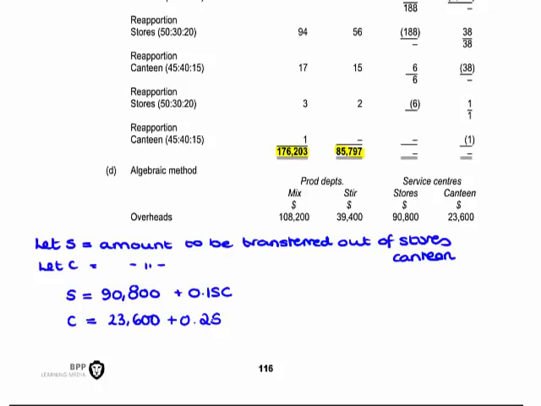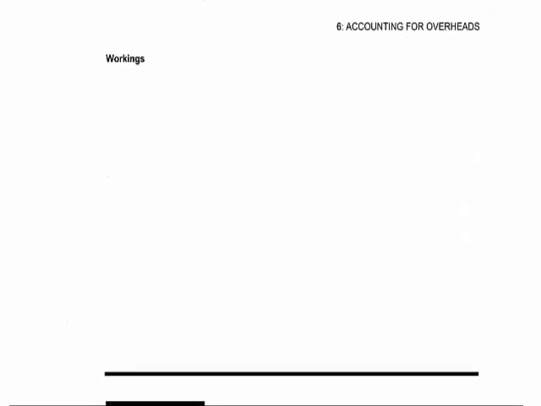The easiest way to do that is to pop one of the equations into the other. So S then is going to equal 90,800 plus 15% of C, and C is 23,600 plus 0.2 S. So what we have to do now then is expand out the brackets, and to do that you need to multiply everything inside the brackets by 15% or 0.15.